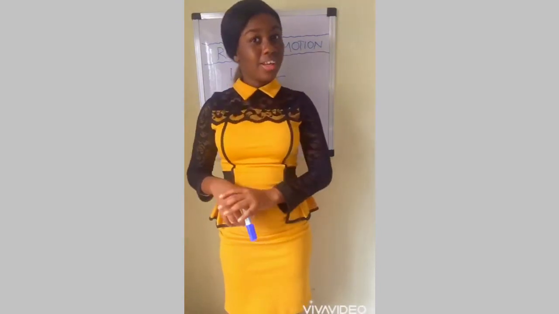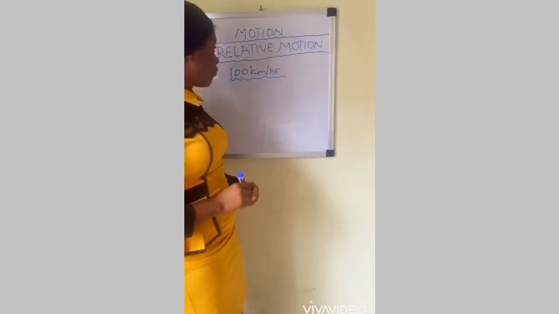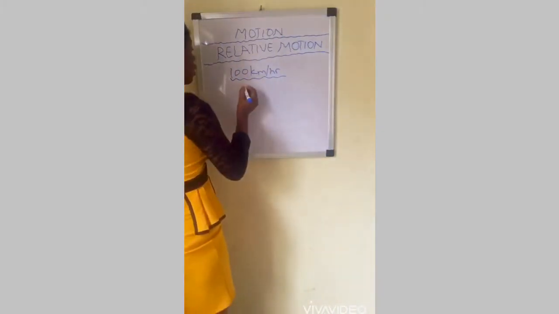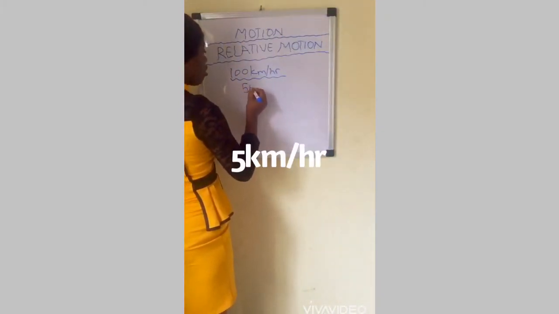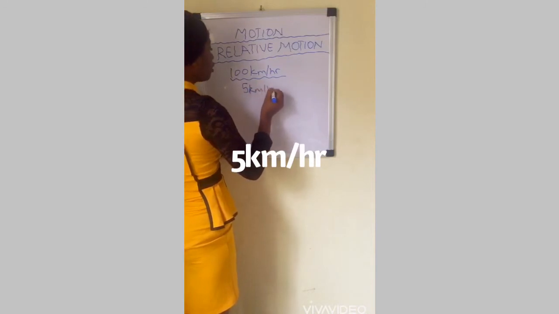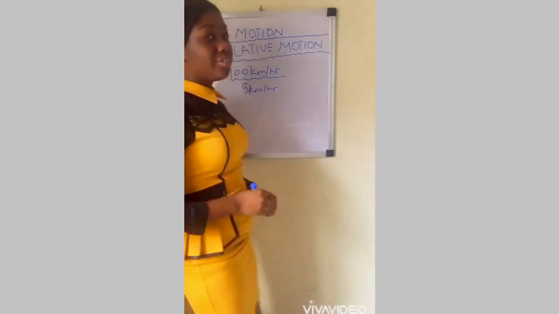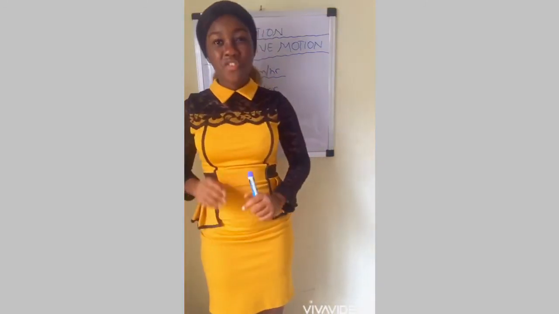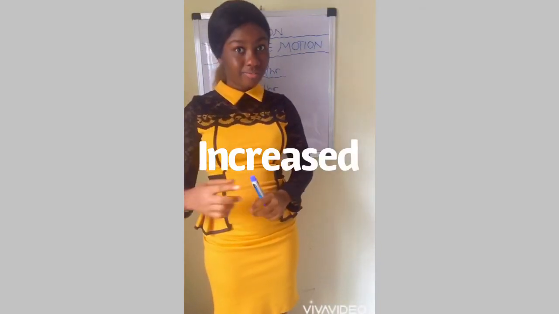If he now moves towards the driver, let's say to give the driver money, just let's use our Nigeria setting, there's no conductor, at a speed of 5 km/h, with respect to the earth, his speed has increased.